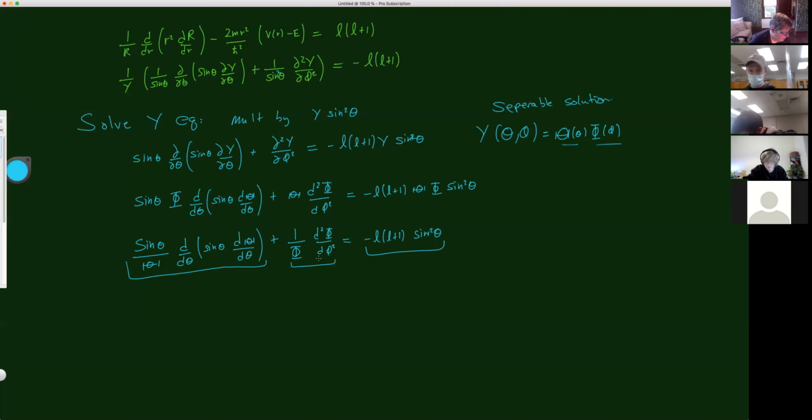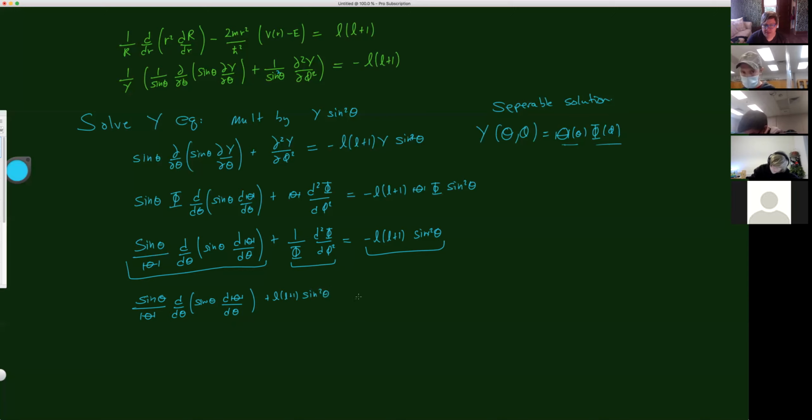So the way I'm going to write it, and let me just make sure I'm writing it right. Yeah. So I'm going to write everything on one side one more time here. So I'm going to do all the theta stuff over here. Okay. And then plus L(L+1) sine squared theta.